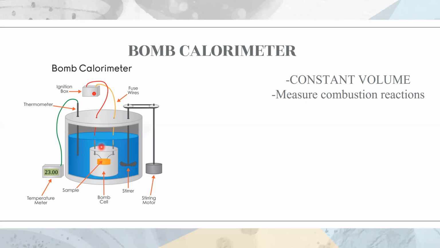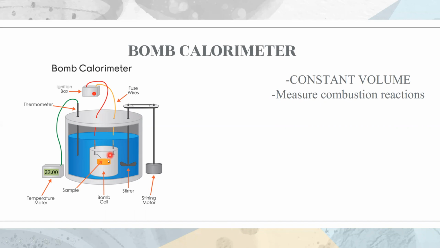And we would have to have a sample or something that is flammable because we'll burn it. And so we'll have to put it inside of our bomb cell, our stainless steel cell, and we'll also add a lot of oxygen into it. And we'll have to seal it really tight because this will be inside of a bigger container, which will have water and other different tools that we'll be using.